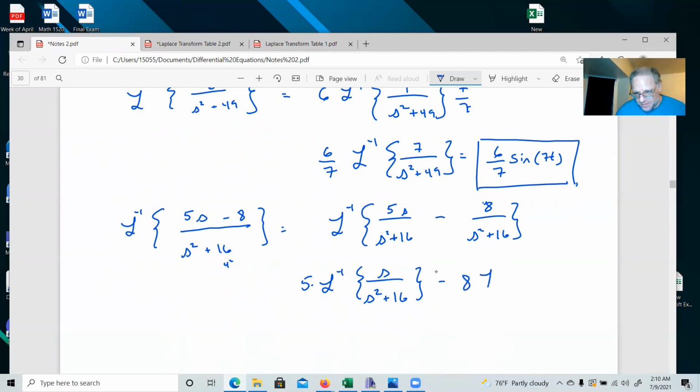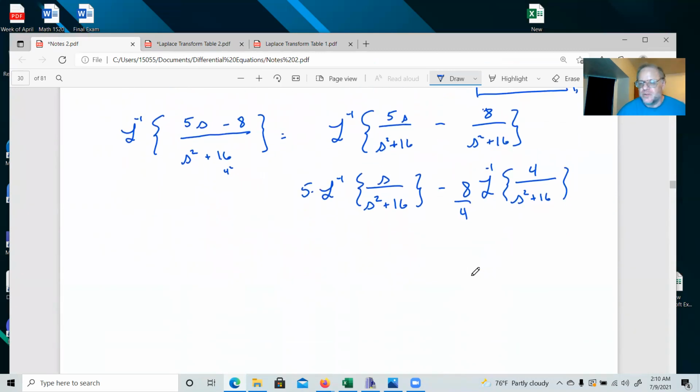Minus 8 inverse Laplace transform. It would be really nice if this was a 4, so it was a over a squared. So why don't we go ahead and put a 4 here and a 4 there. I'm just multiplying by 1 still, 4 over 4. And this is going to be 5 times, which one had the s in front of it?